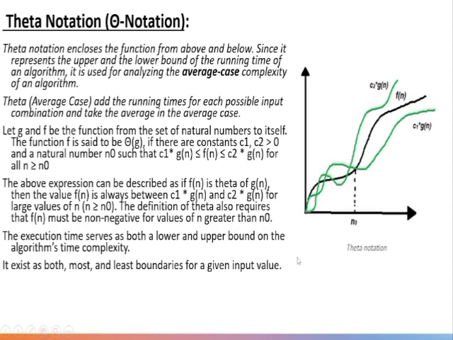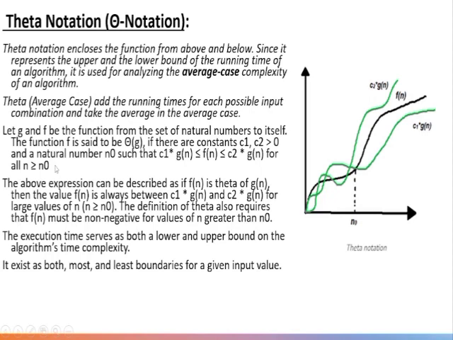Let g and f be the functions from the set of natural numbers to itself. The function f is said to be theta of g if there are constants c1, c2 greater than 0 and a natural number n0 such that the equation holds for all n greater than or equal to n0.